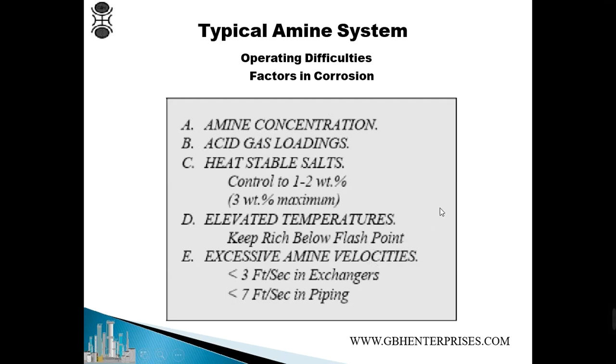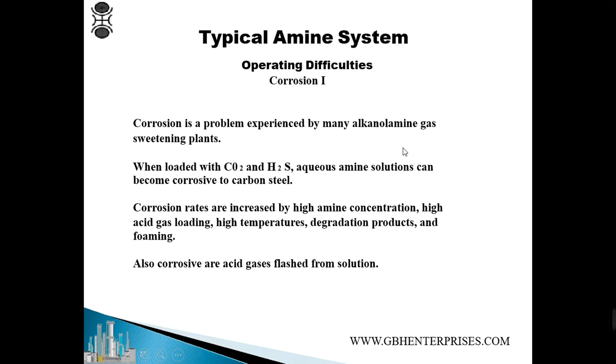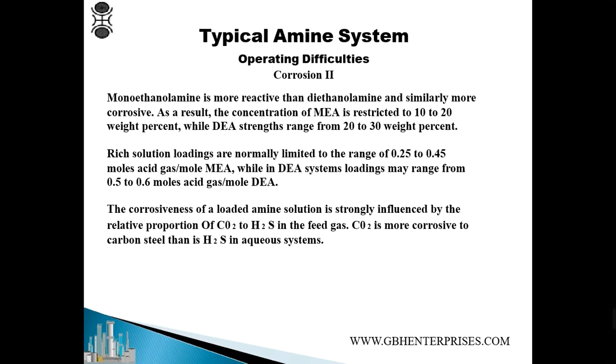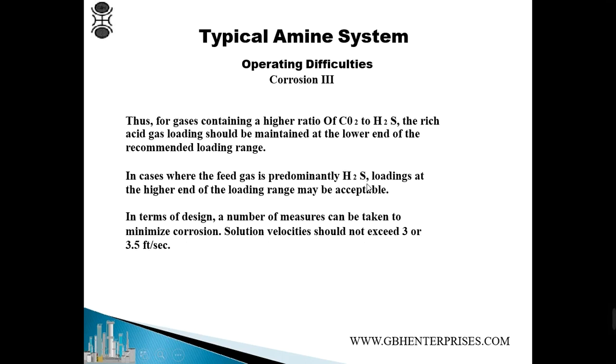All of these reasons could lead to corrosion. Corrosion can cause a leakage, and if the leakage happens, the amine concentration will be low, then the H2S removal requirement will not be met, so the whole process will not be fine. This one problem can lead to all the problems inside this amine process.